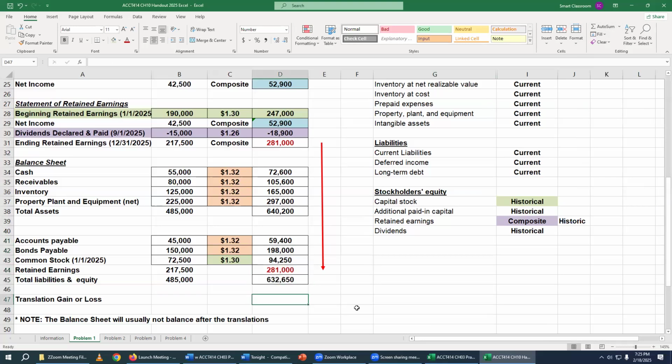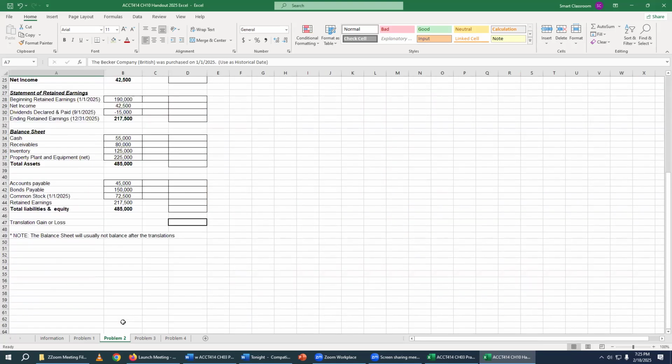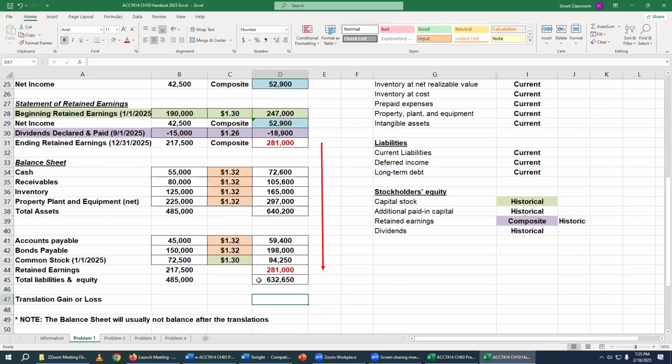You'll notice something strange about our balance sheet. What is it? The total asset does not correspond with the total liability and equity amount. Exactly.